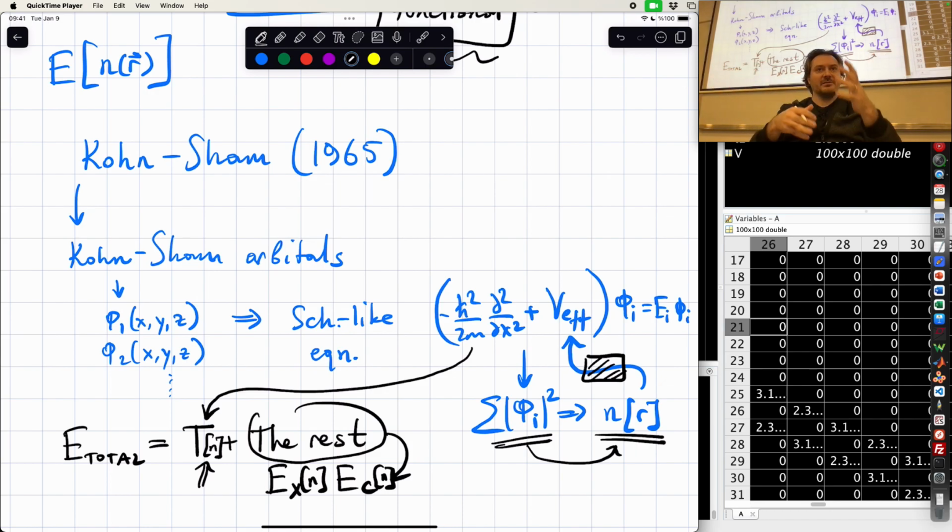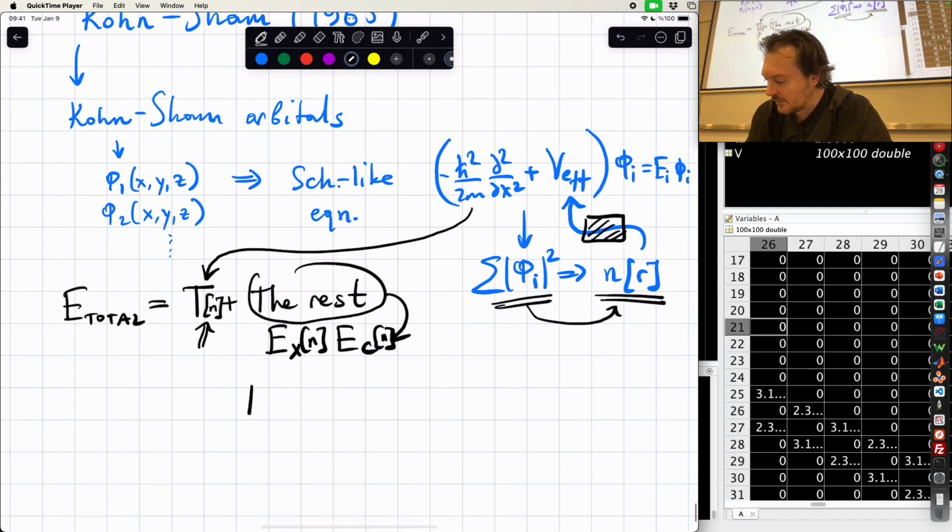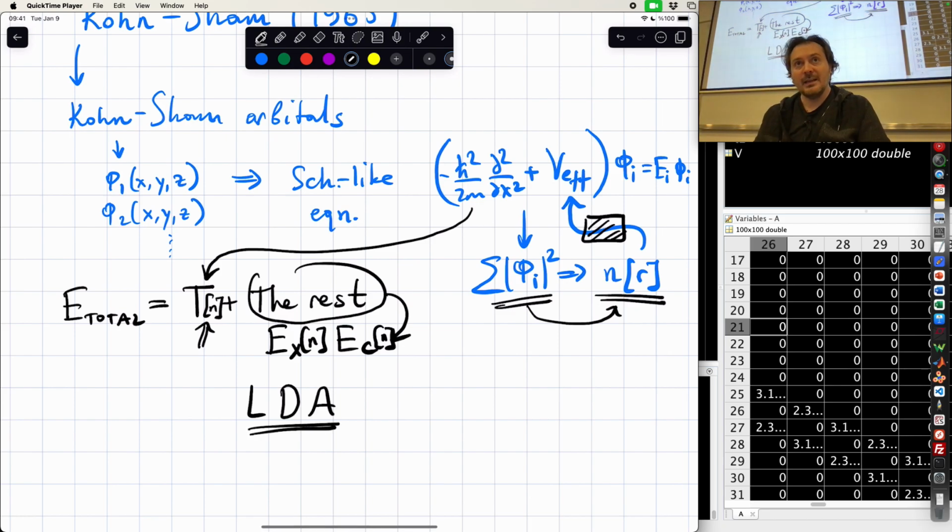You change the density, you find the energies, and you assume that wherever you find a certain density, you should put that much energy there. Okay? That's called local density approximation. And this was hugely successful.